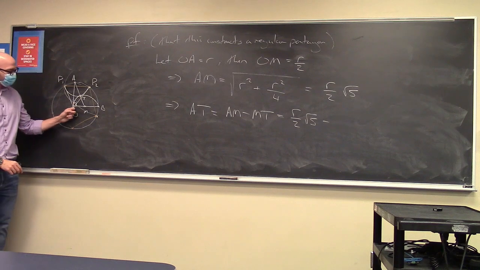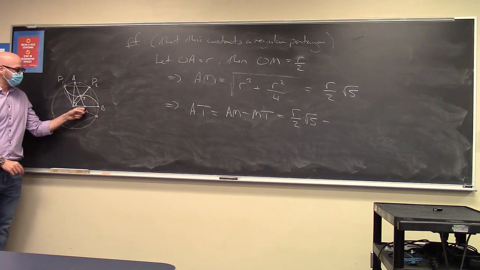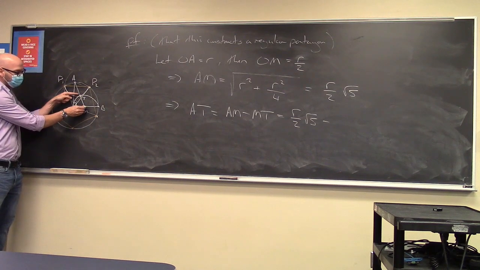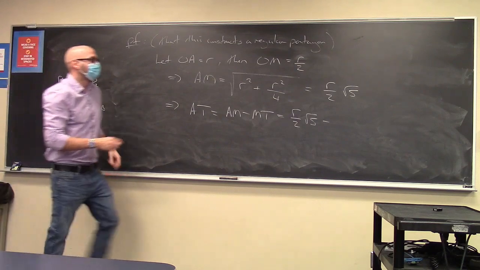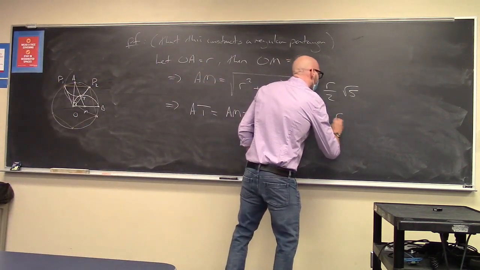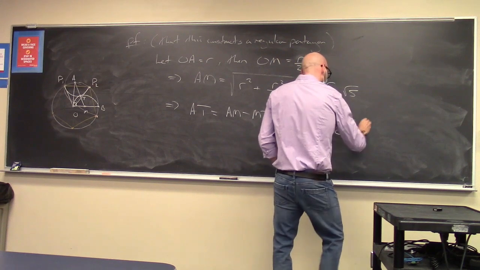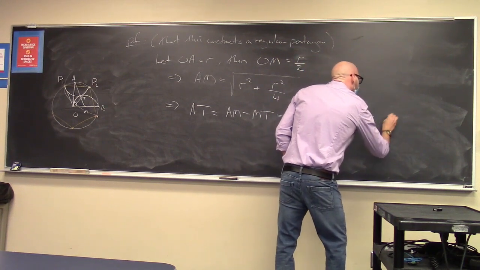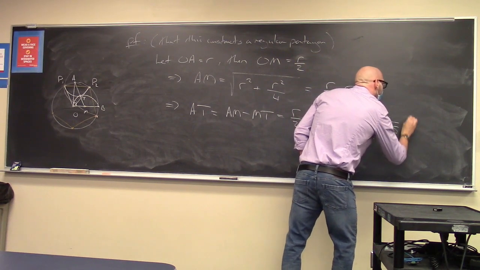Yeah, it's the same as OM, and OM is R over 2, right? Why is it OM? Because it's just another radius of the same circle. So this is R over 2. So this is R over 2 times square root of 5 minus 1.